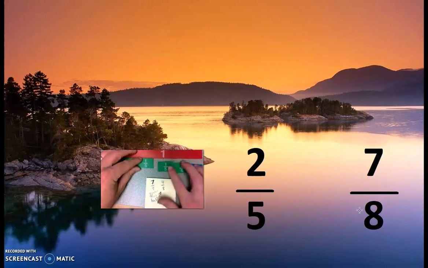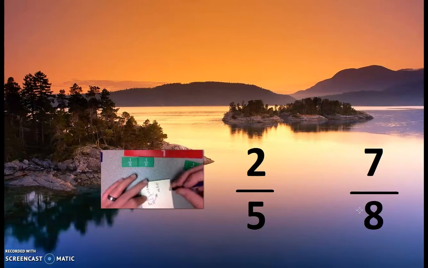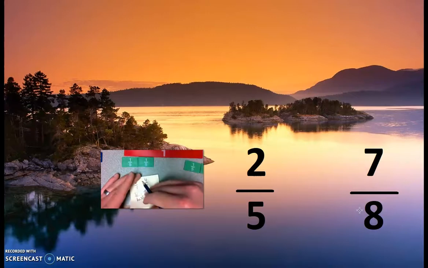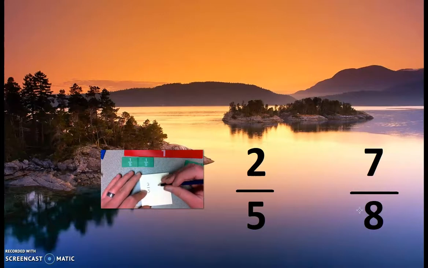That's a lot less than half. Because we're taking away 3 pieces, and we have 2 pieces left. That's less than half of our pieces. So we have 2/5, and half of it would be 2.5 out of 5, or we can even think of it as 3 over 5 would be more than half.